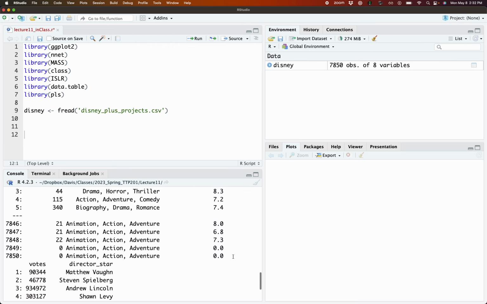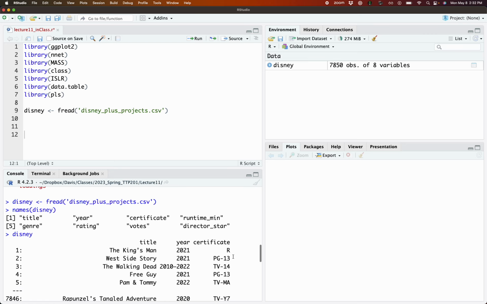Okay. So it's got 8 columns. And here you can see the name of, so this data set is a data set of Disney plus movies and TV shows.